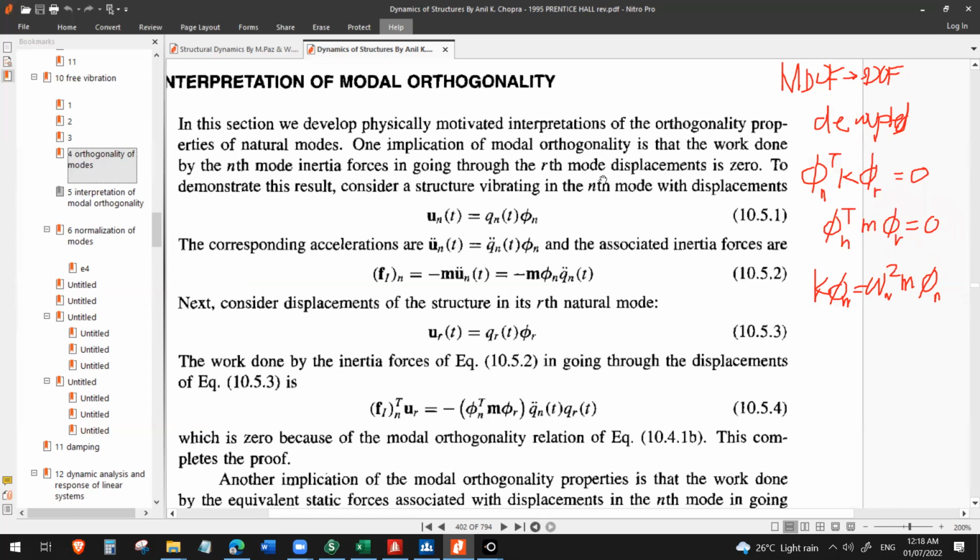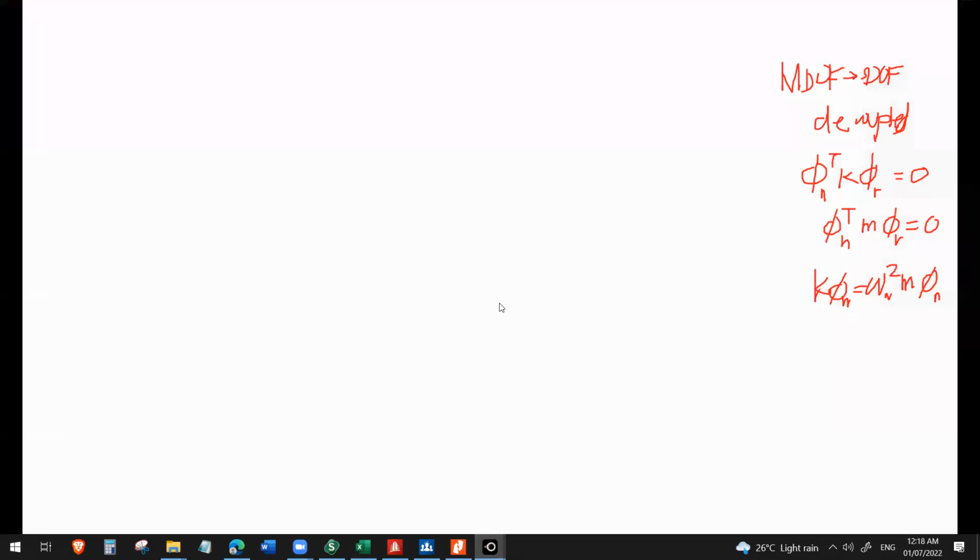But another interpretation of this concept is yung Betti's law. So Betti's law is one. So for example, if you have, di ba, ito yung mode 1. So yan.